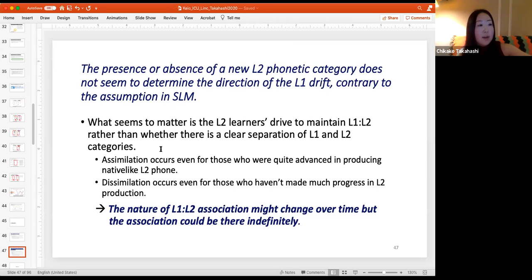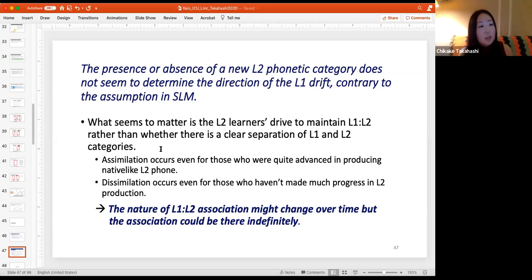Crucially, our findings suggest that the presence or absence of a new L2 phonetic category does not seem to determine the direction of L1 drift, contrary to the assumption in the speech learning model.